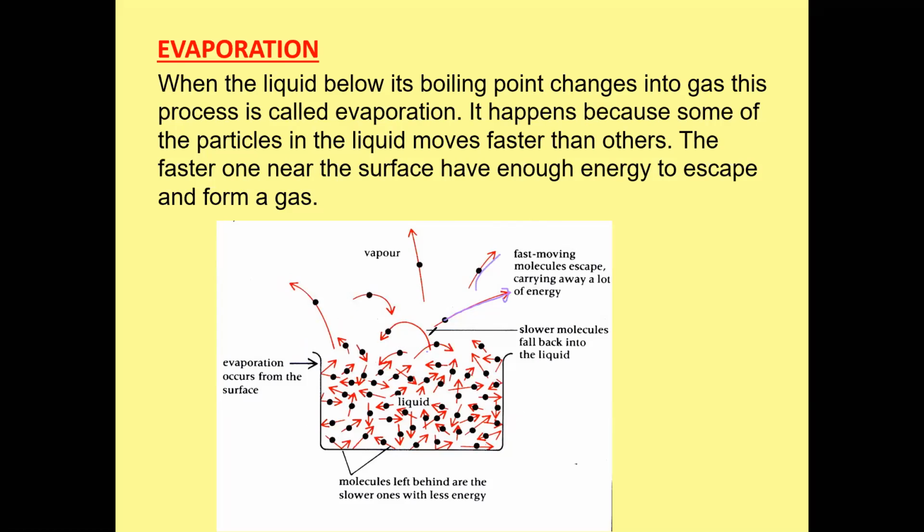And the molecules which have low energy, even if they go out, can return back to the liquid. So evaporation occurs when the most energetic molecules gain energy from the surrounding and escape. And the molecules left behind will always have low energy. That is why evaporation is also known as a cooling effect. It cools down the substance.